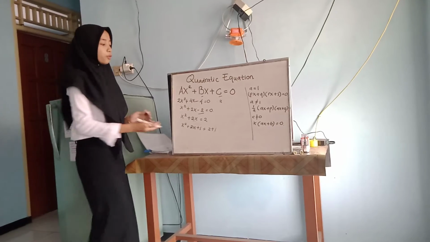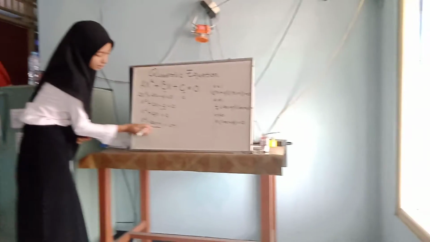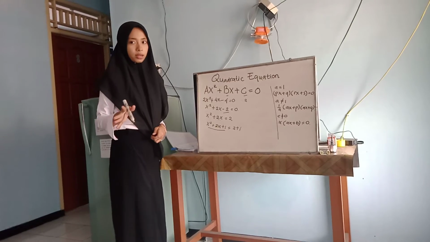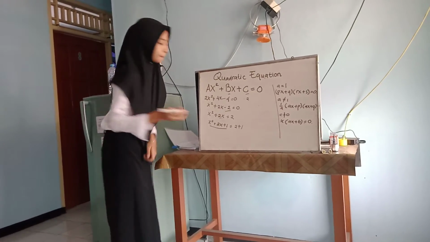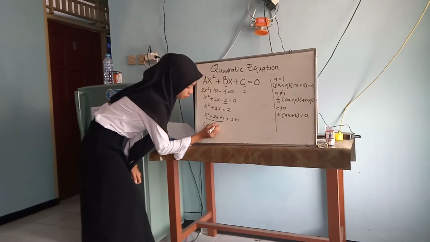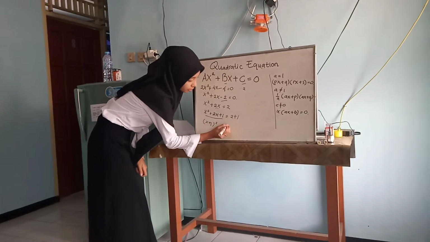The next step is we make this side into the square form. We get x plus 1 squared, and this simplifies to 3.